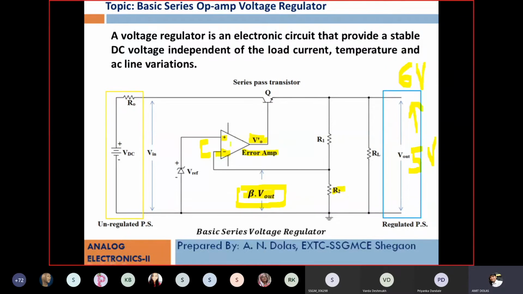V0 dash is decreased because from some fixed positive quantity we subtracted a negative quantity, which is increased due to the increase in output voltage, nothing but beta Vout. Therefore your V0 dash, which is the output of the op amp error amplifier, is also decreased. If it is decreased, what happens?